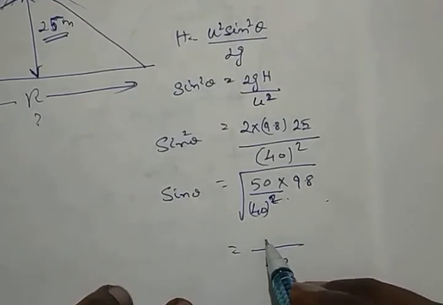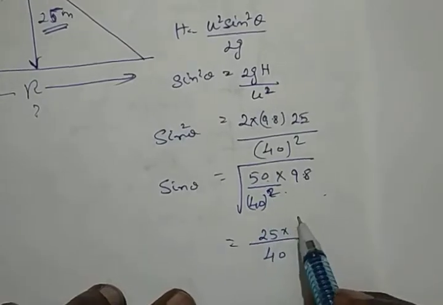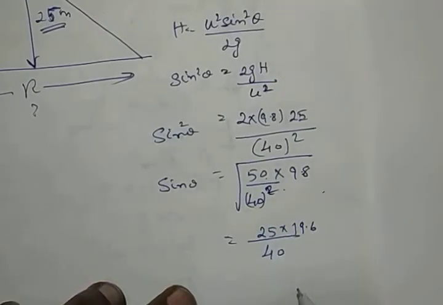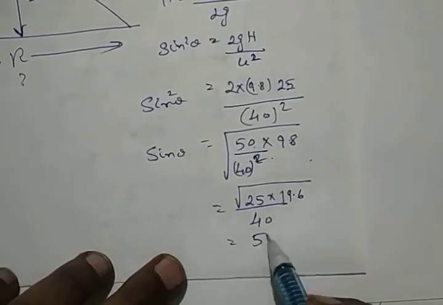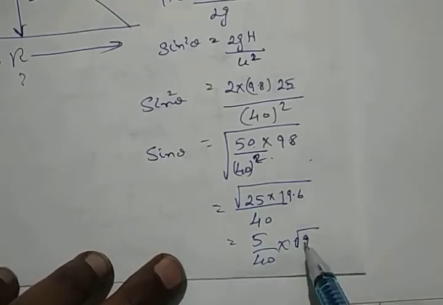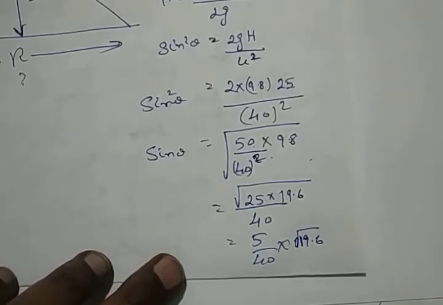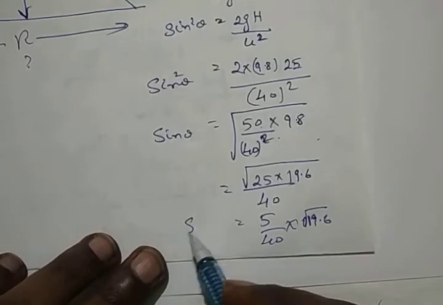If you wanted to do it like this, 25 into 2 you multiply 19.6. So 5 can come outside. So 5 by 40 into under root 19.6. 19.6, you already know 196 is something which you can take out.